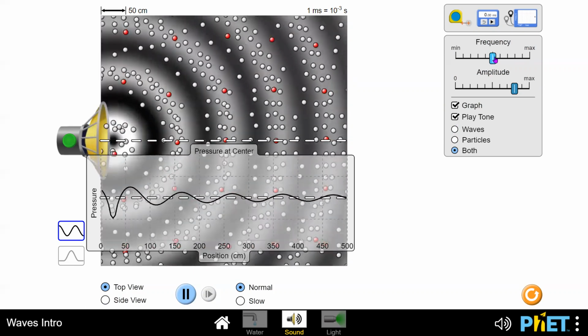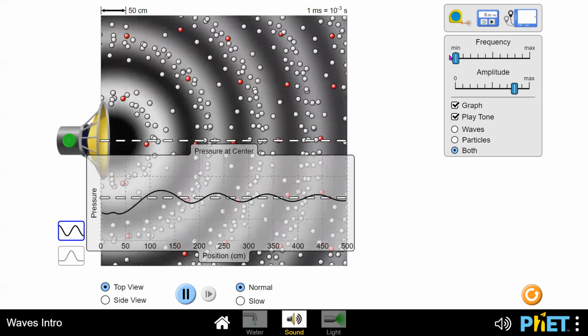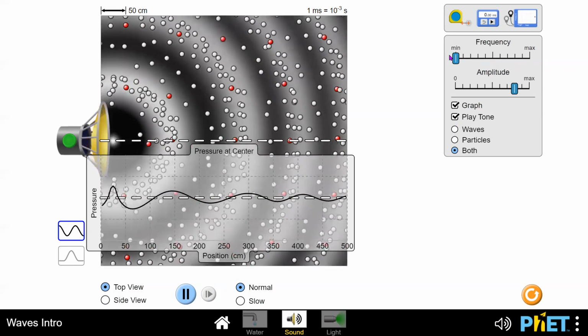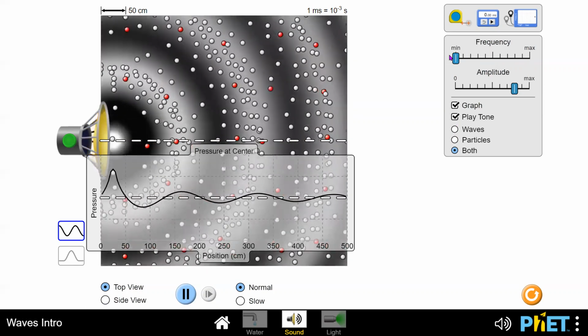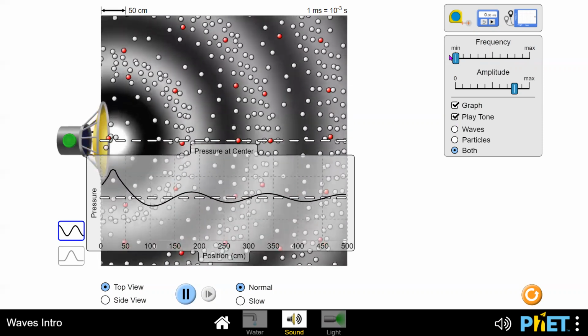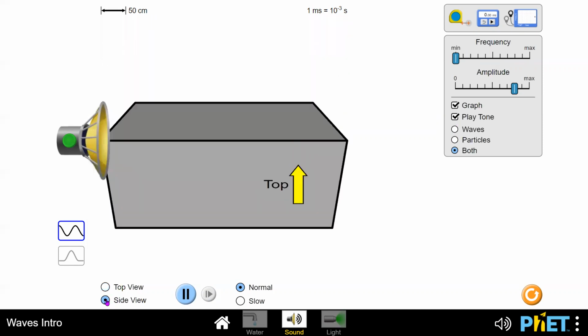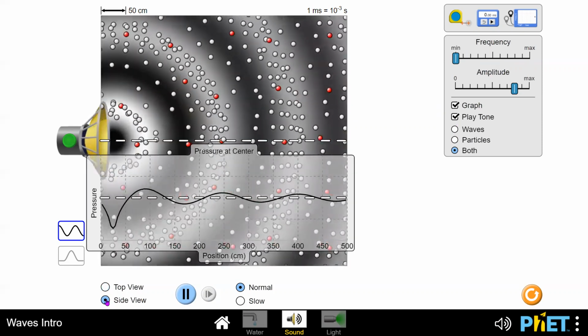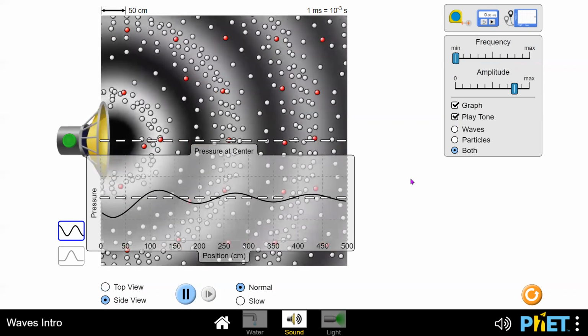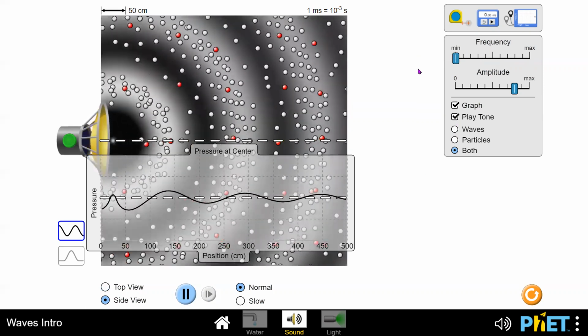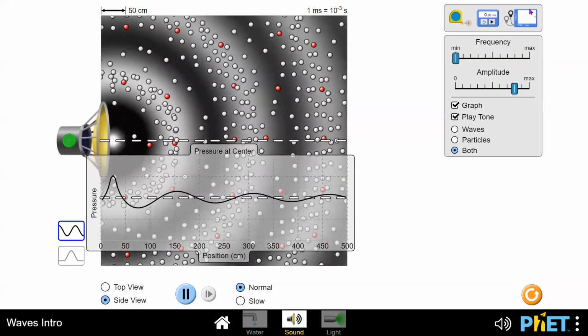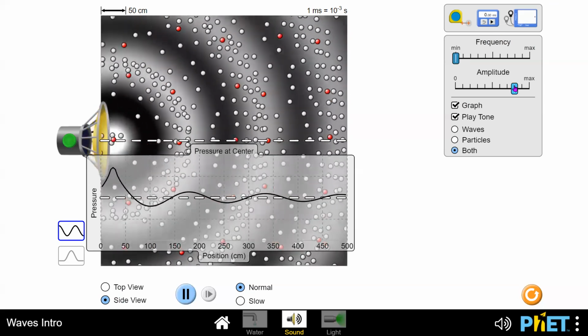Okay, so first let me make this frequency minimum. Listen to the sound. Observe the medium particles, what they are doing. If you click on side view or top view, it doesn't matter in the case of the sound wave. Right now, just listen to the sound when frequency is minimum, right?